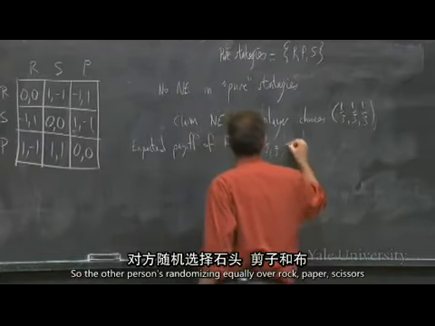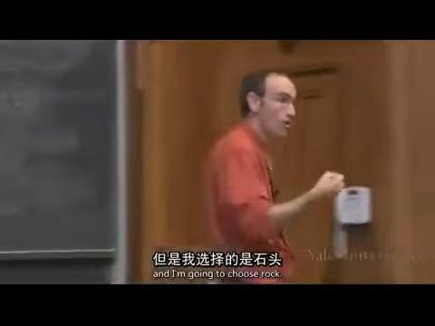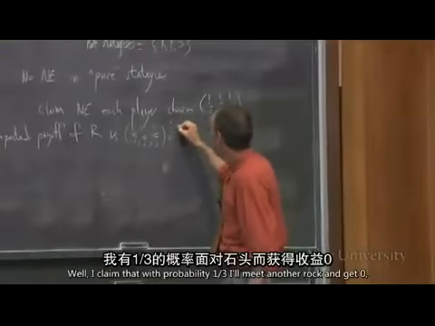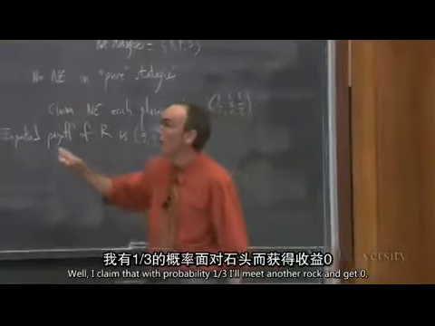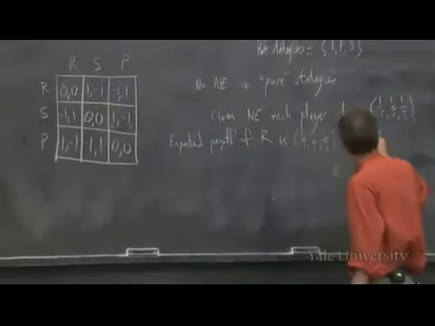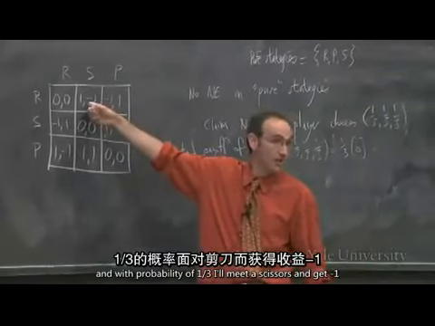The other person is randomizing equally over rock, paper, scissors, and I'm going to choose rock. What would be my expected payoff? With probability a third, I'll meet another rock and get 0. And with probability a third, I'll meet a scissors and get -1.